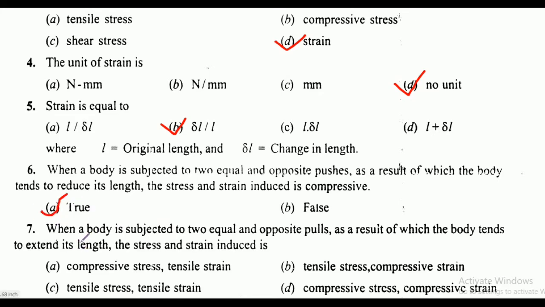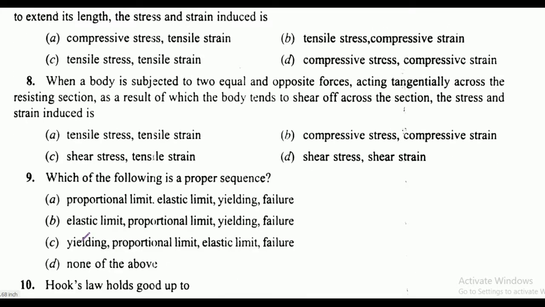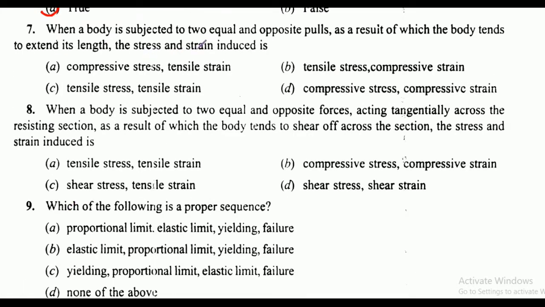Next is question 7. When a body is subjected to two equal and opposite pulls, as a result of which the body tends to extend its length, the stress and strain induced is. Here friends, these are the options and here correct answer is option C, that is tensile stress, tensile strain.